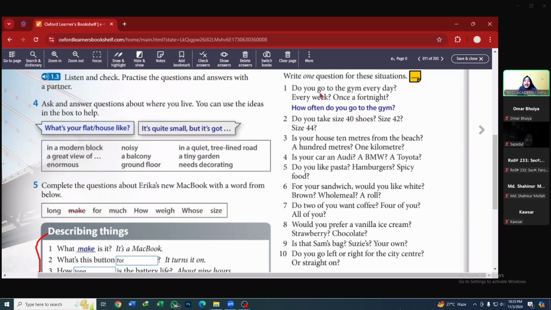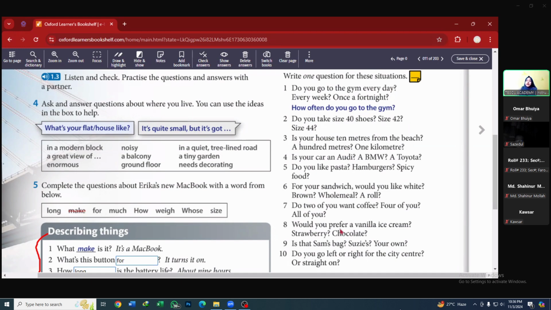So we are asking in all these 3 questions about the times when you go to the gym. That is, do you go to the gym every day, every week, once a fortnight? So that is the frequency being asked. That is why in one question we can ask, how often do you go to the gym? The same way, this one was done for you as an example, right?